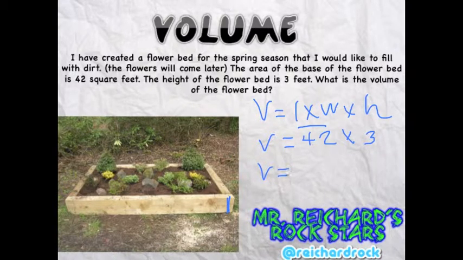So your volume in this case would be 126 feet cubed. So you would be able to put 126 cubic feet of soil into this flower garden in order to fill it with soil. Now there's another practical example, guys, of how we use volume to calculate things like this. You know, if you built this, you would not want to go to Home Depot and just buy a ton of dirt. You'd want to get a specific amount, and that is the case there.